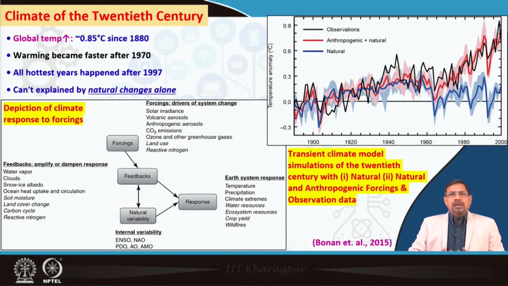So, the transient climate model simulations of the 20th century with natural plus anthropogenic forcings and observation data do agree that the anthropogenic induced causes contribute to the recent climate change.